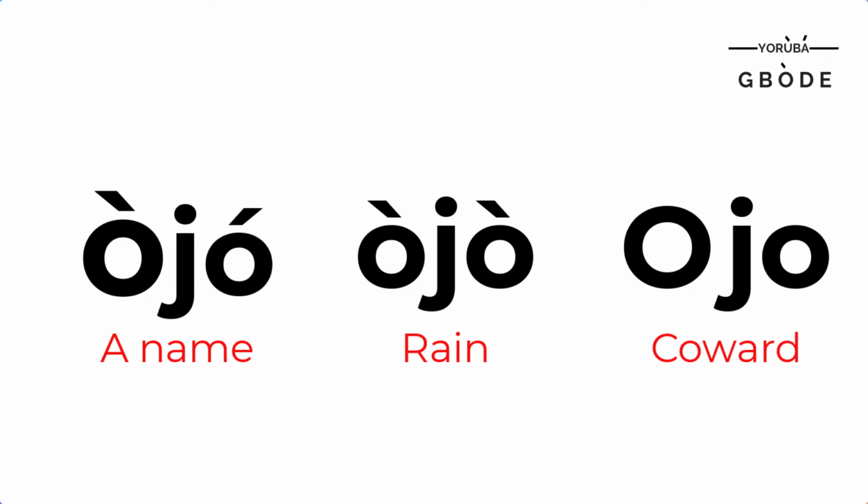First O, do, and the second O, do. You can see the difference. Do, mi, o, jo. Do, do, o, jo. And the third one, o, jo. You don't put anything on it at all. Re, re, o, jo.